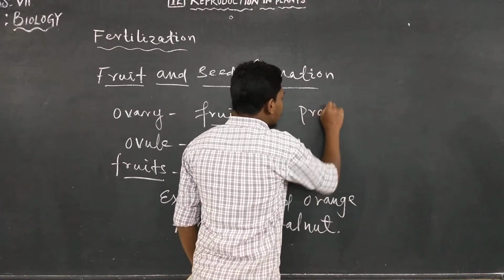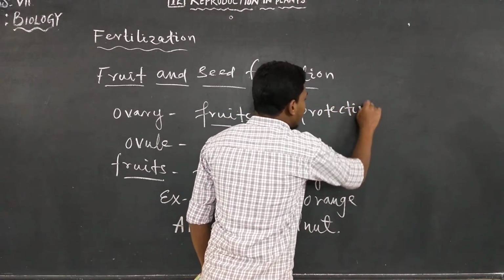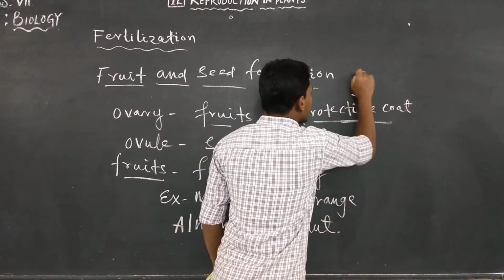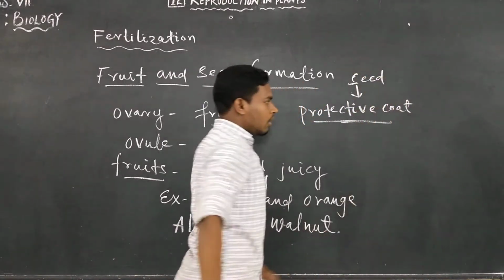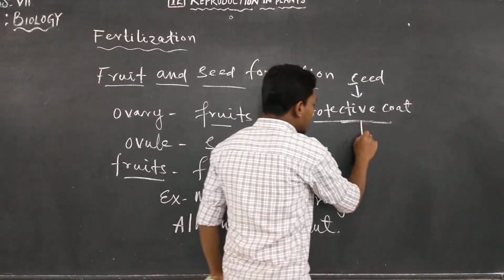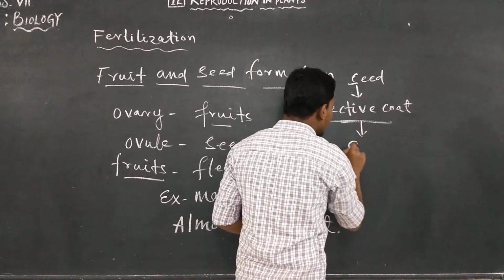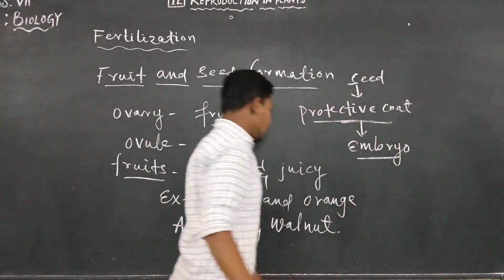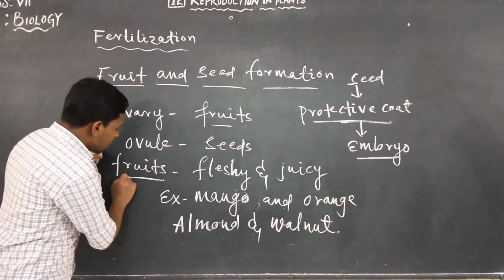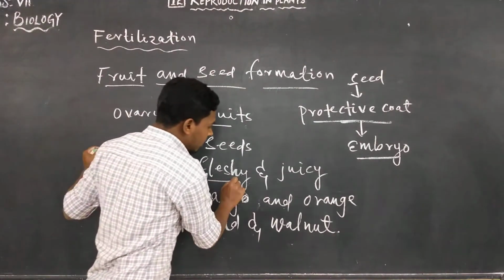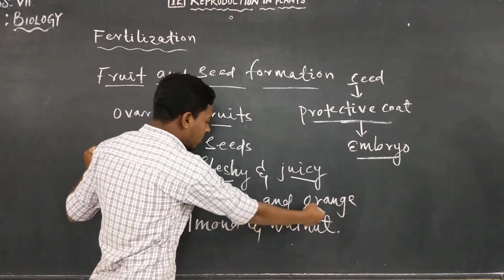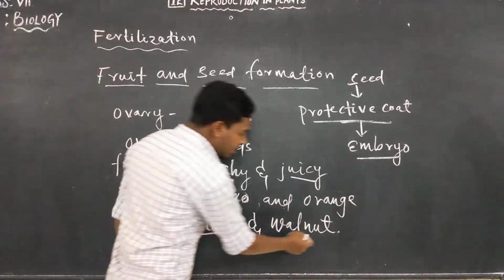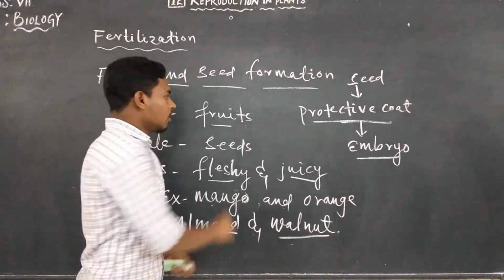That means the seed contains a protective coat, and inside the seed we have the embryo. So some of the fruits are fleshy and juicy, for example, mango and orange. And some fruits are hard, like almond and walnut.